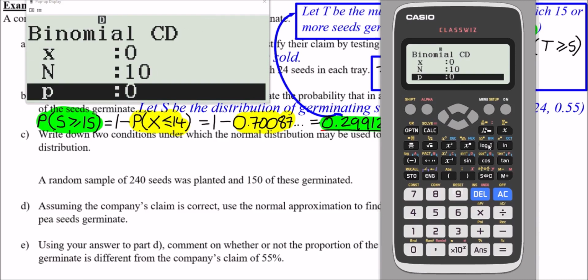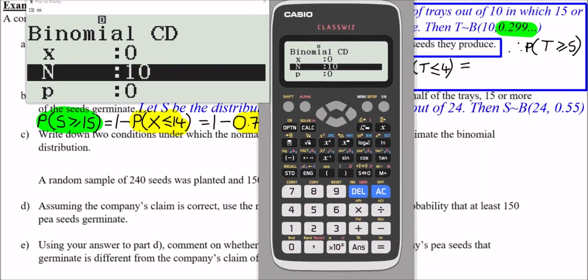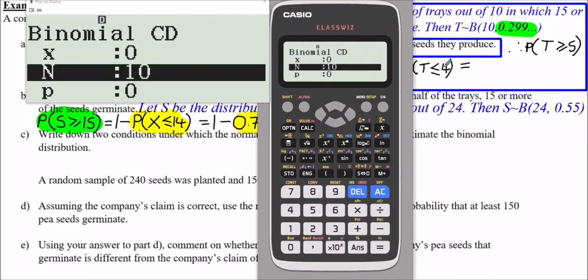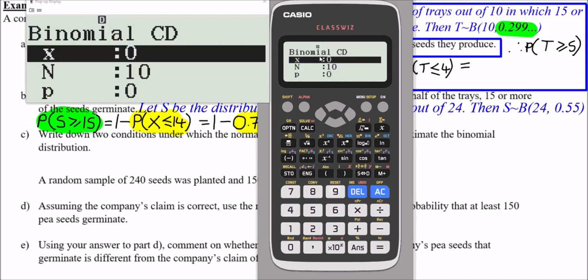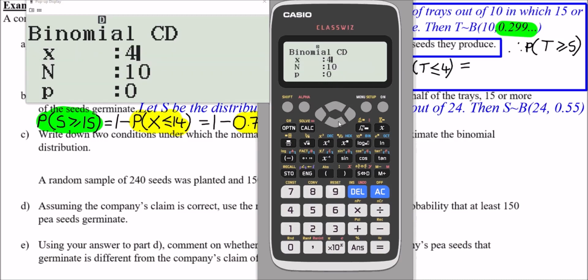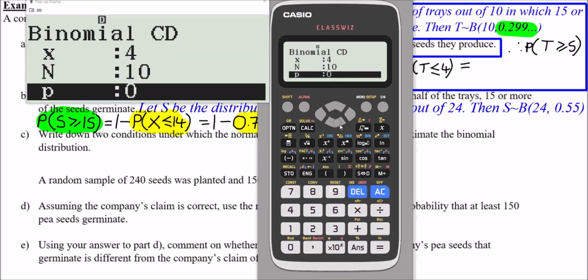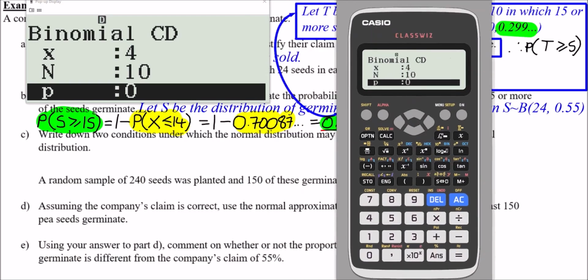First of all, we need to calculate the chance of having 4 or fewer trays where 15 or more germinate. So we put X as 4, and the probability of just one tray having 15 or more germinating seeds is this 0.299 number. This is why we didn't round, because this isn't yet the final answer.